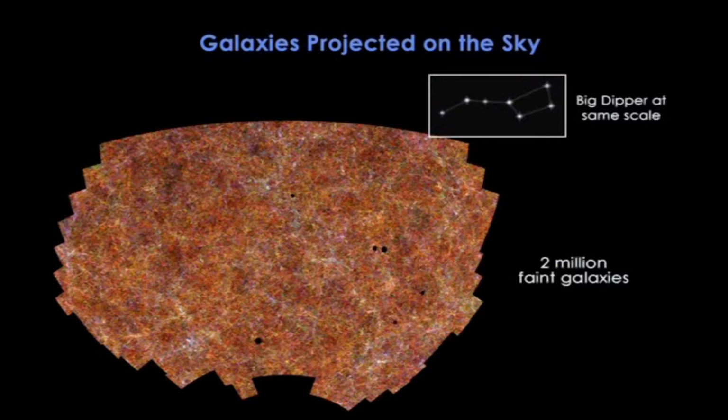Of course, some of those galaxies are near, and some are far. So to turn this 2-dimensional picture into a 3-dimensional one, we simply need to measure the distance to each galaxy. Now, to measure real distances to so many galaxies would be impossible, but fortunately, the Hubble law comes to our rescue.